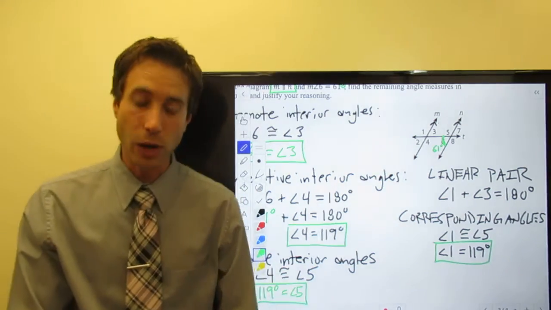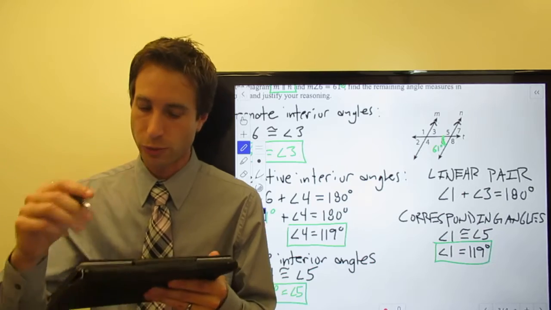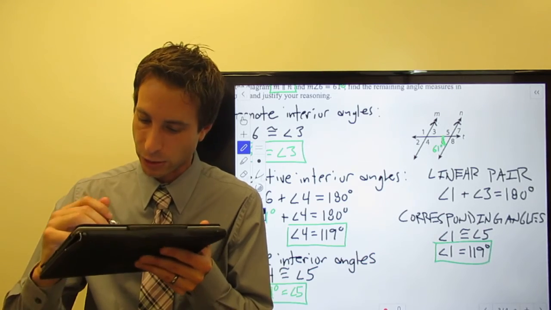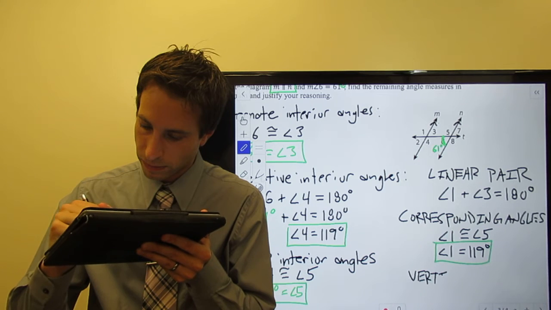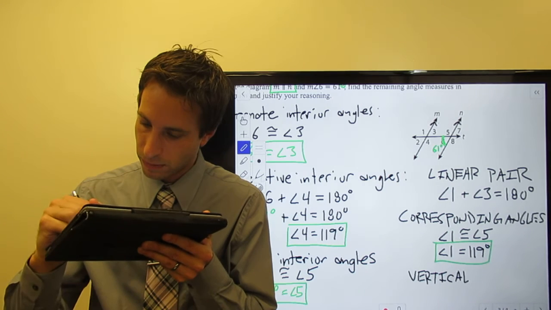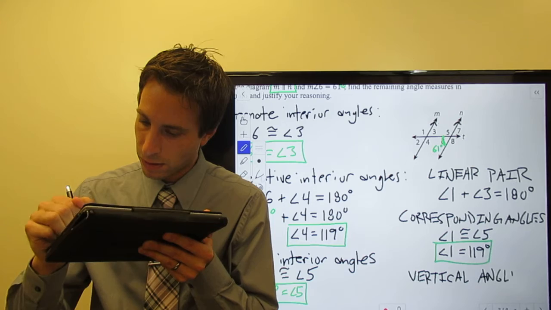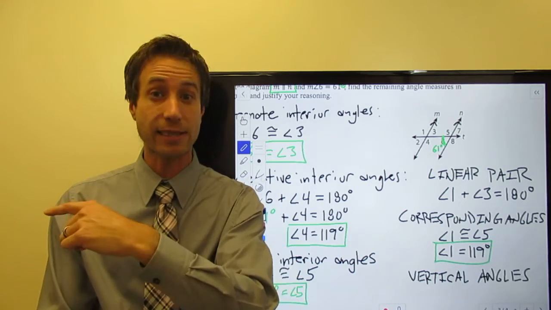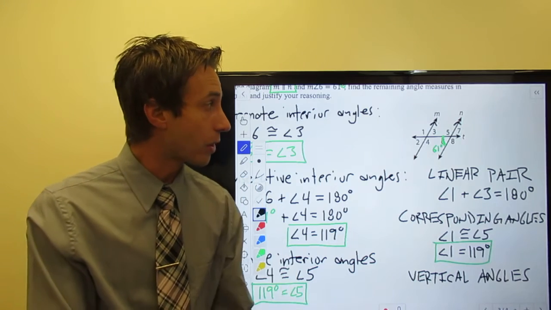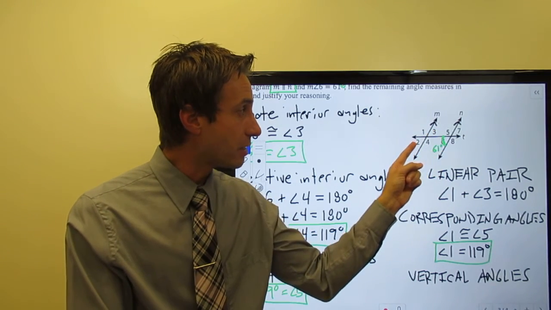Now, interesting, check this one out, because it's worth mentioning. What if I did vertical angles? We talked about vertical angles in the last section. I have vertical angles right here, 3 and 2.